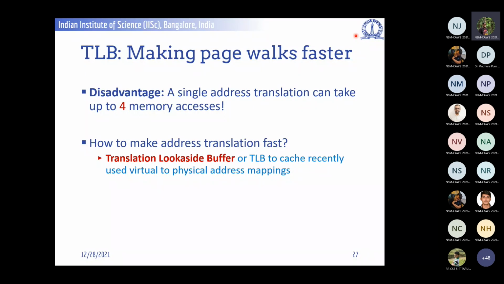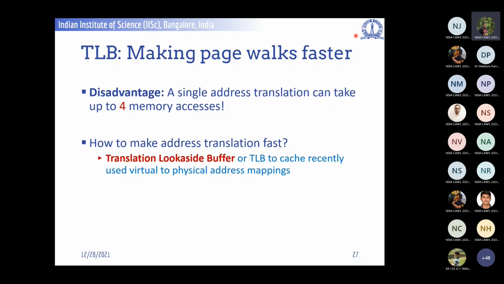The observation is the same principle of locality. Last class we talked about a few philosophies that hardware designers, and systems in general, follow. One of them is the principle of locality.